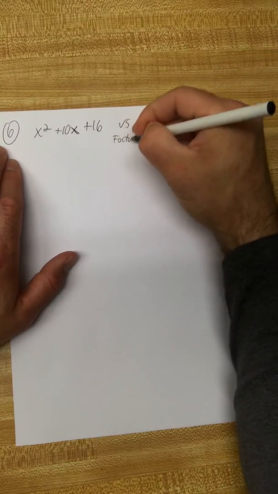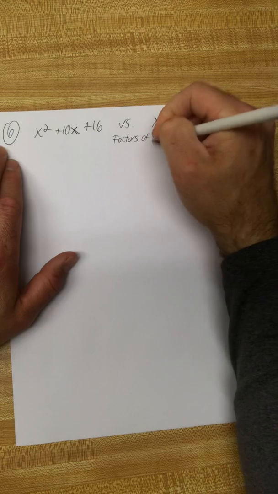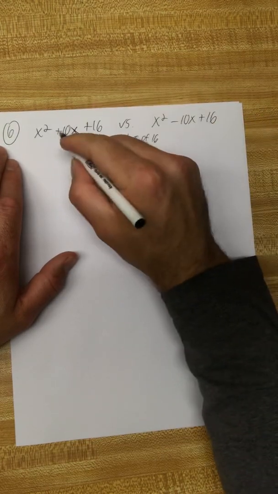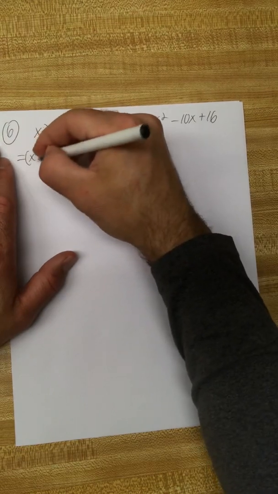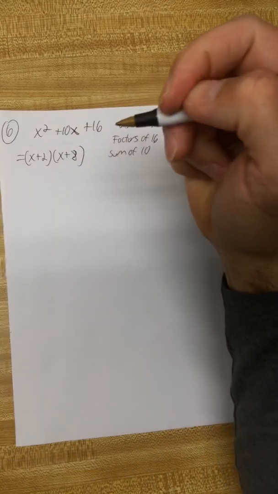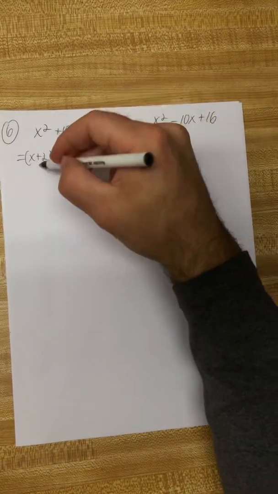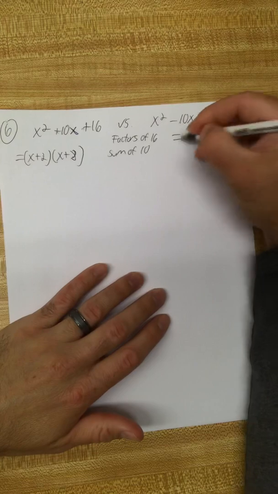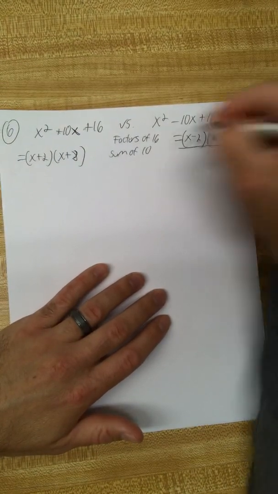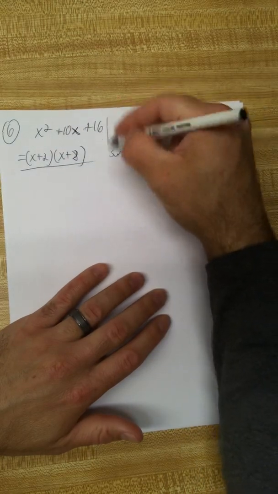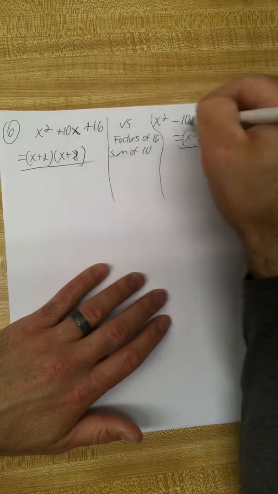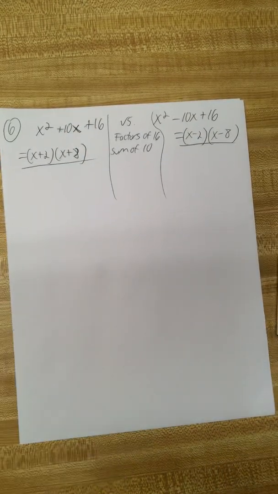You're looking for factors of 16 in both and a sum of 10. In this one, positive, positive, so it's going to be x plus 2 times x plus 8. This one you need a negative 10, so we're going to factor it as x minus 2 times x minus 8. Okay, so just a good contrast of the two types of problems that we're looking at right now.